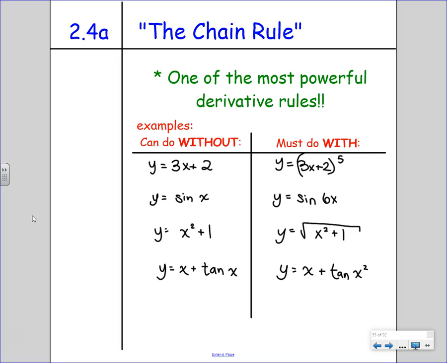Okay. So then, we're talking about composition of functions. You have an inner function that's been put into the argument of the outer function.